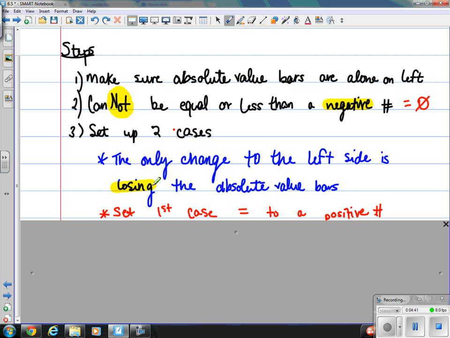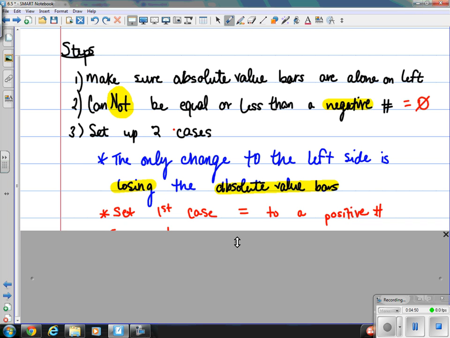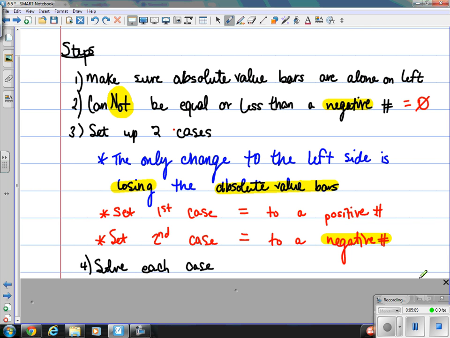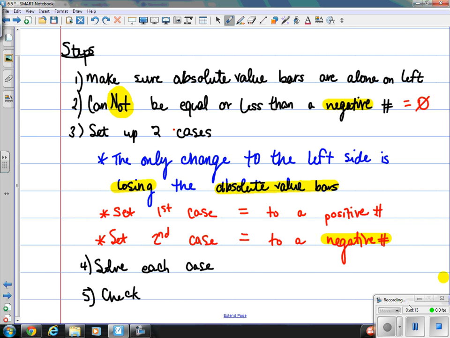We lost our absolute value bars, so it just looks like an equation now. So on case 2, we set it equal to a negative number because it's now outside the absolute value bars. And I'll show that here in a second in the examples. So case 1 equals a positive, second case equals a negative. Alright, step 4, solve each case, and step 5, check.